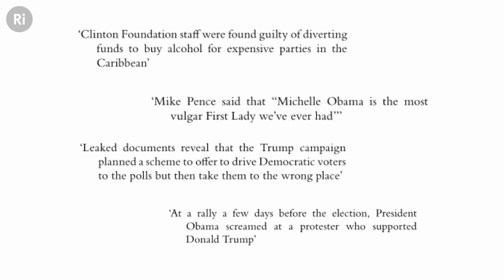Mike Pence said that Michelle Obama is the most vulgar first lady we've ever had. Leaked documents reveal that the Trump campaign planned a scheme to offer to drive Democratic voters to the polls, but then take them to the wrong place. At a rally a few days before the election, President Obama screamed at a protester who supported Donald Trump.